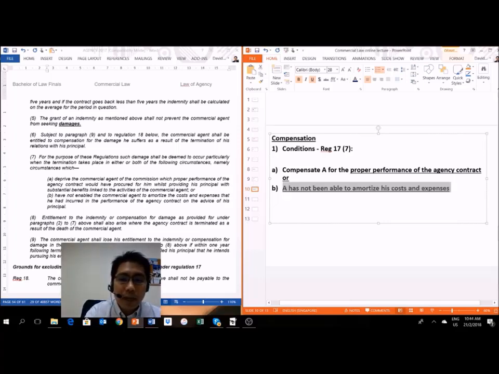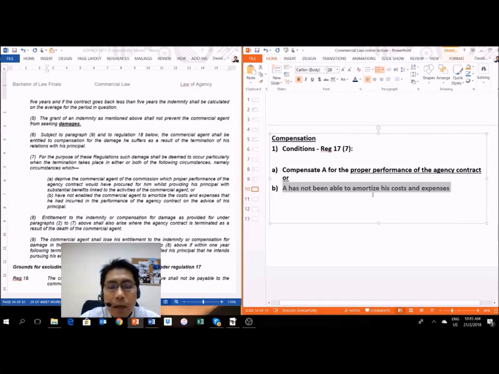This of course is an accounting term, and when we talk about amortizing costs and expenses, what we mean is this: say for example the agent has spent, in the initial period when he was first appointed, 100,000 set up as capital, maybe to set up an office, to order goods, to do marketing.